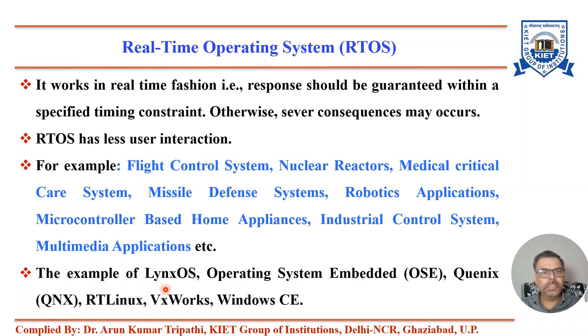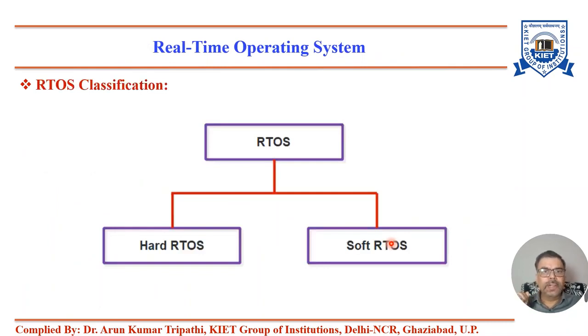Examples of real-time operating systems are Linux OS, Operating System Embedded OSE, Unix, RT Linux, VxWorks, Windows CE, etc. The real-time system is again classified into two types. The first one is the hard real-time operating system, and the second one is the soft real-time operating system.